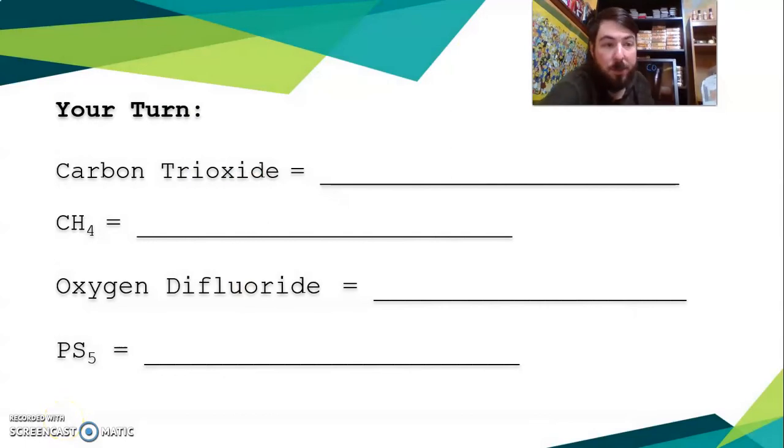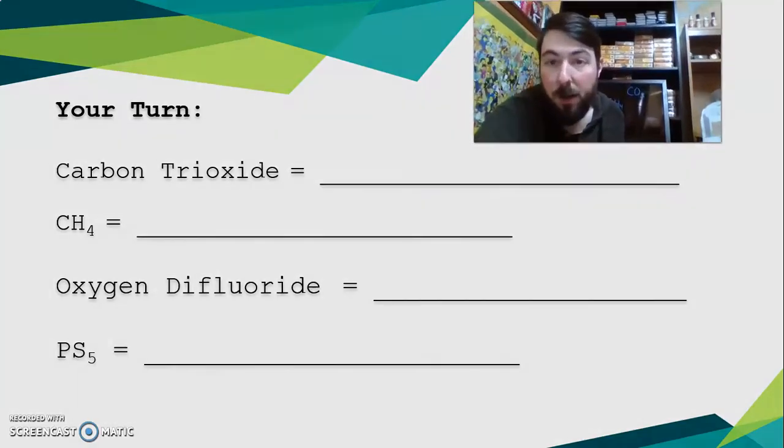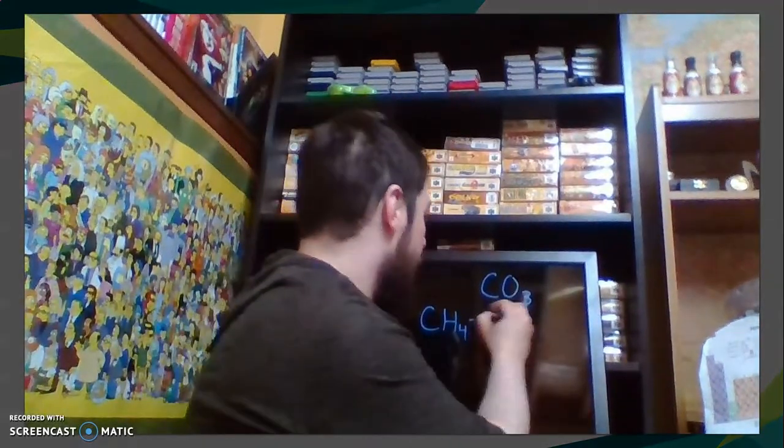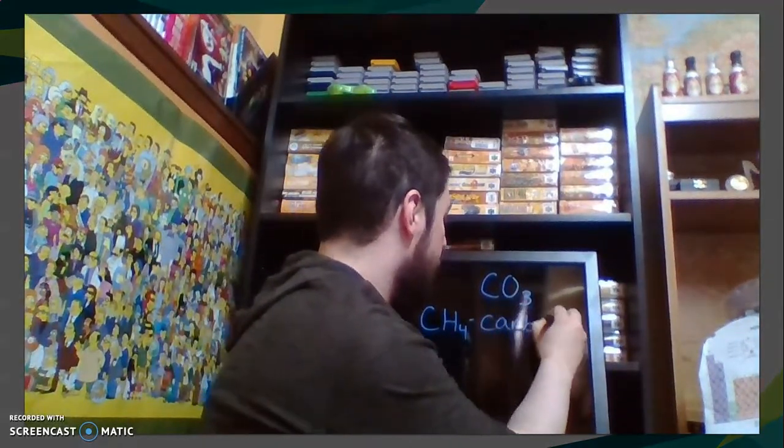Now, if we were to name CH4, our first element is carbon, and now we have 4 hydrogens.